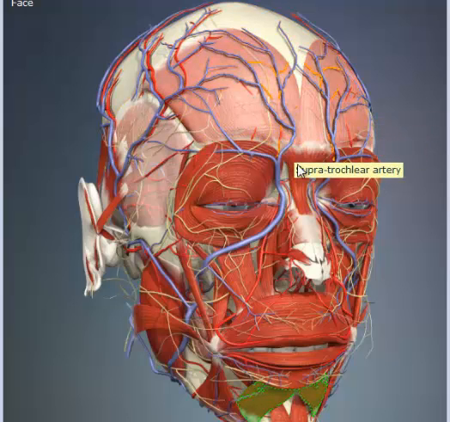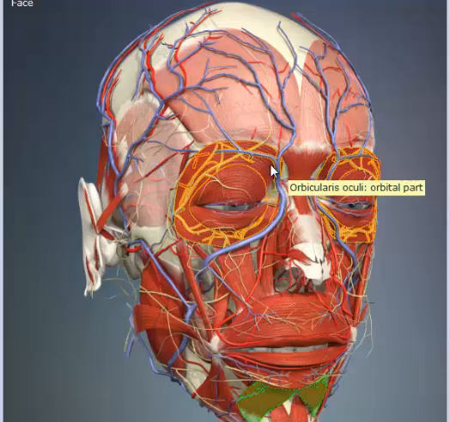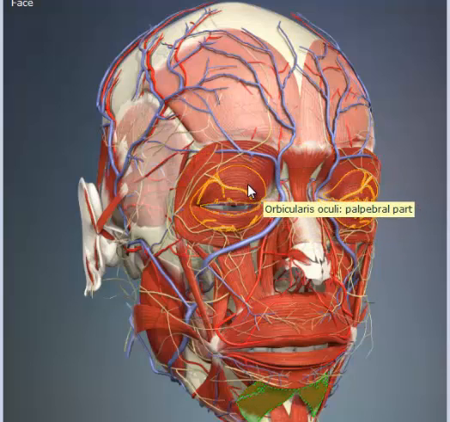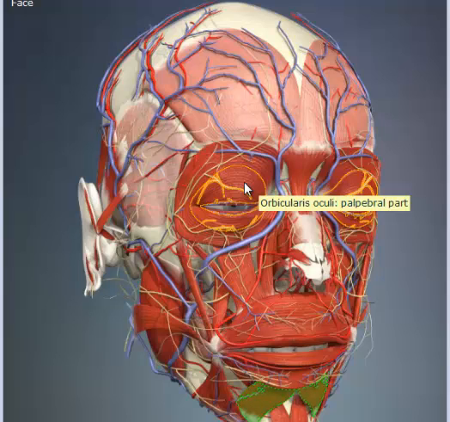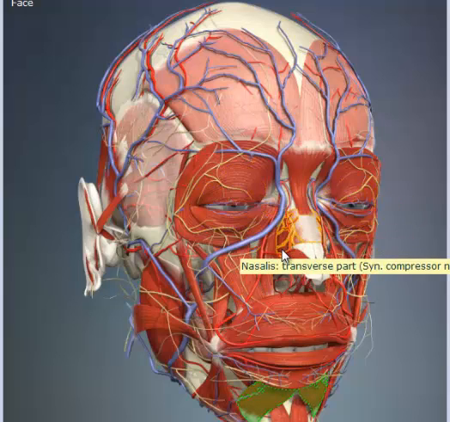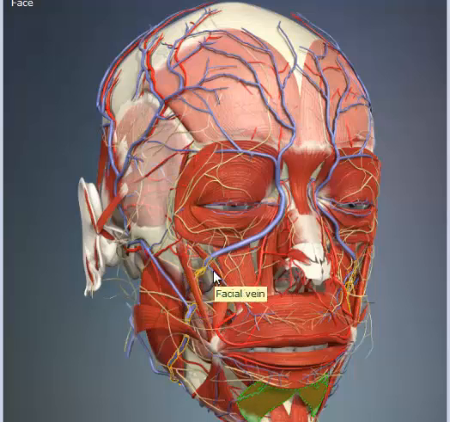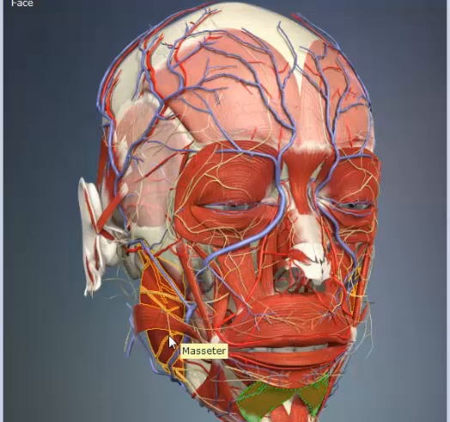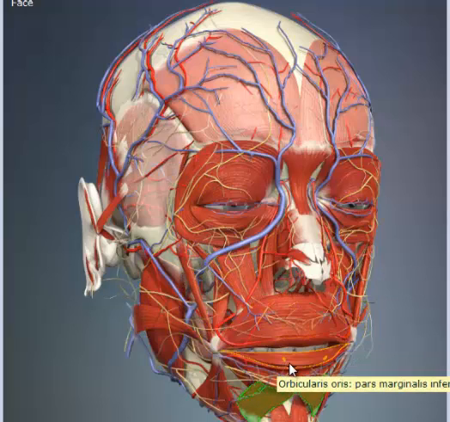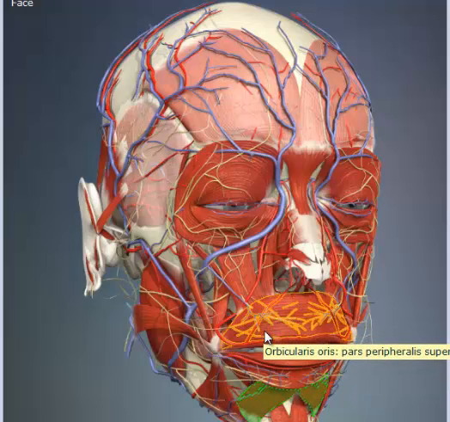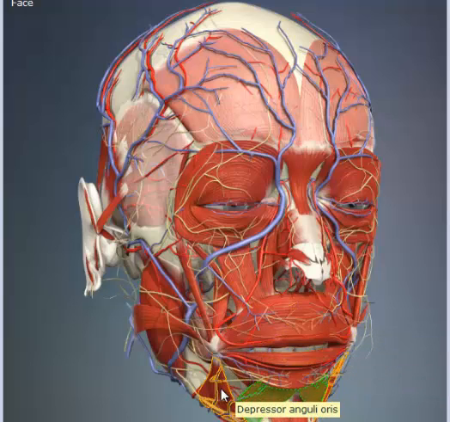Then you got your procerus and your orbicularis oculi with the levator palpebrae in the center, which is responsible for pulling the eyelid up. And then you got all of these smile muscles that mostly we don't want to hit. You got your orbicularis oris, and your DAO, mentalis, and the one in between, the depressor labii inferioris, that you don't want to hit.